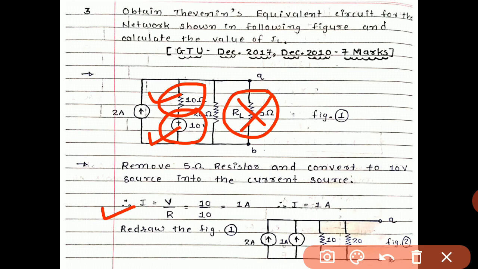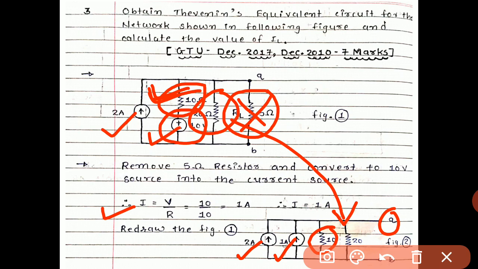Now we redraw figure number 1. In figure number 1, the 2 ampere source is as it is. Now we introduce the current source of 1 ampere instead of the 10 volt voltage source. So the 1 ampere current source is provided over here. The 10 ohm resistor now comes in parallel, and the 20 ohm is already in the circuit, which will be placed over here as per the main diagram, and both the terminals are open over here.